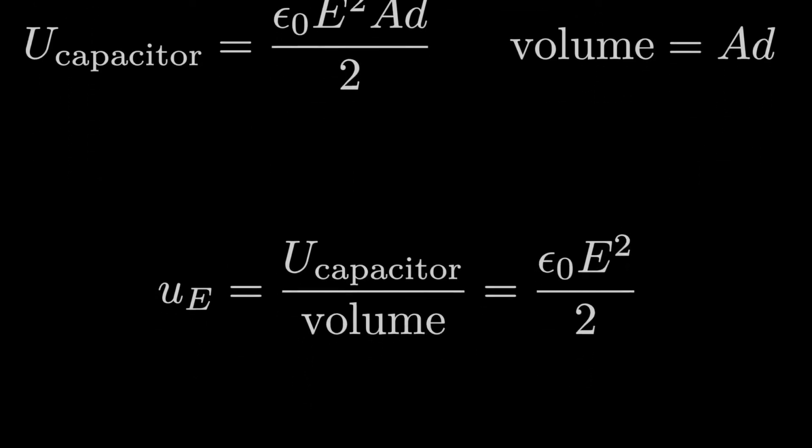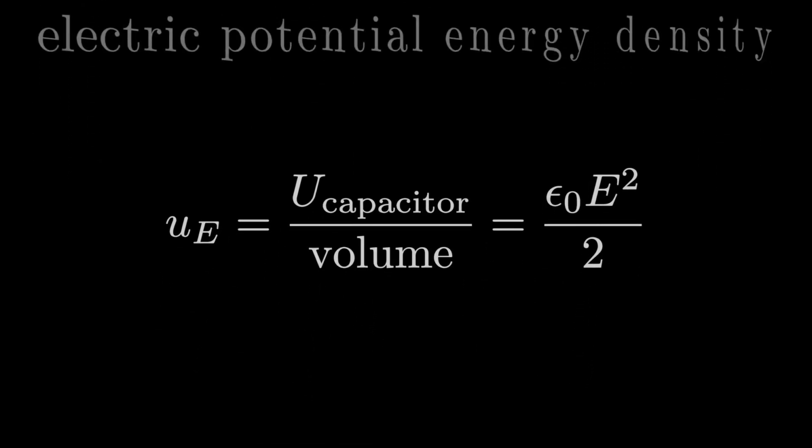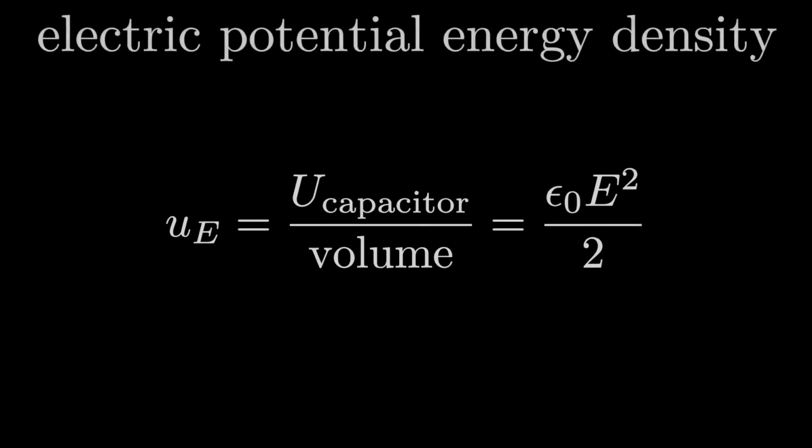We also call this the electric potential energy density, or little u sub e. Some other names for it are electric field energy density, energy density of the electric field, electrical energy density, and so on. But, so what? What's the point of even deriving this formula here?